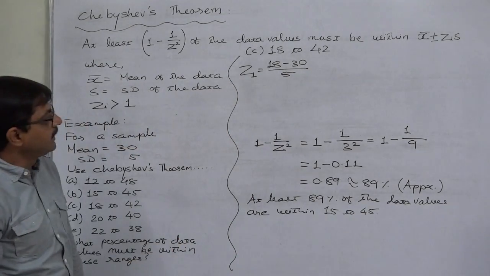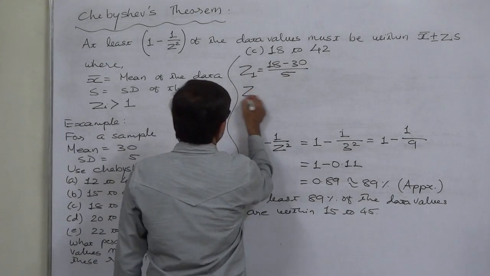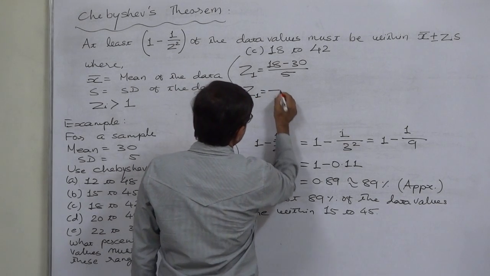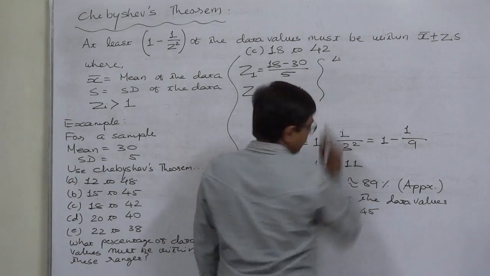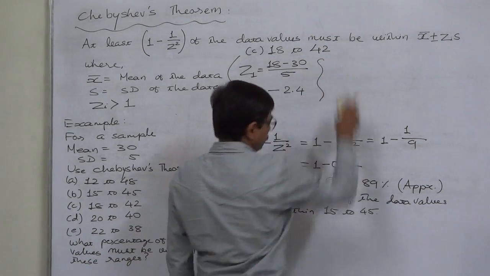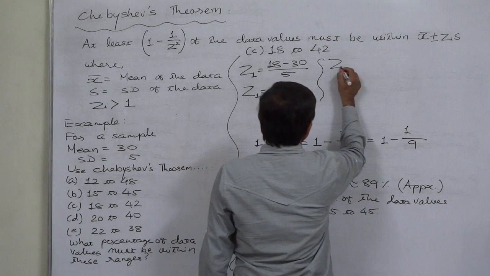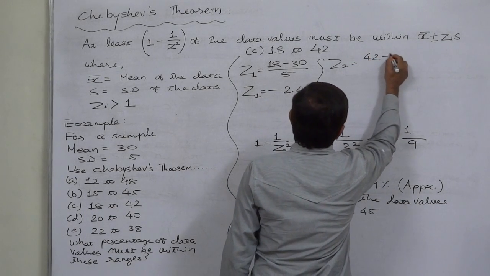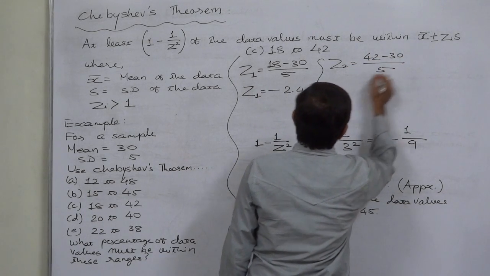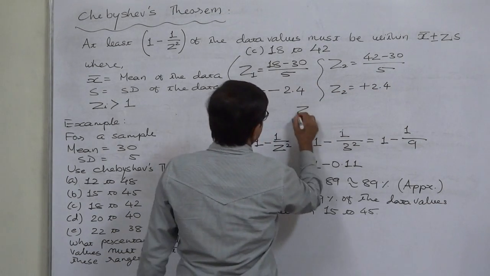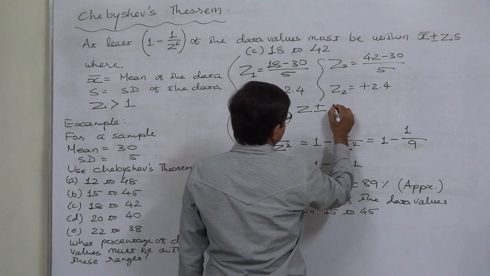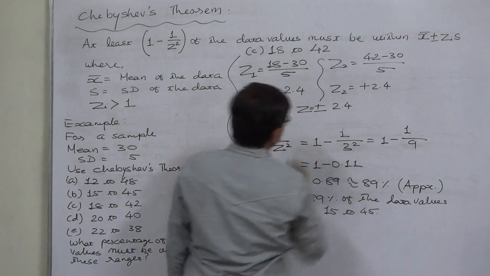It comes to minus 12 divided by 5. So the value of z is minus 2.4. For 42, z value is 42 minus 30 divided by 5. So it comes to positive 2.4. That means the z value is plus or minus 2.4.